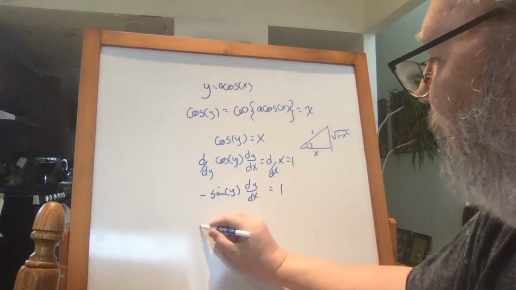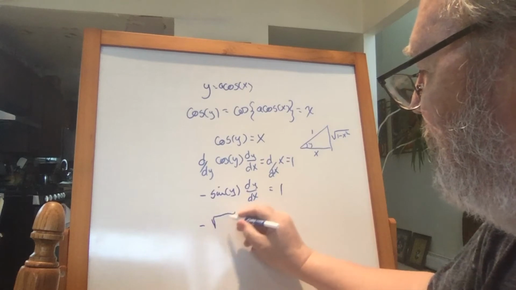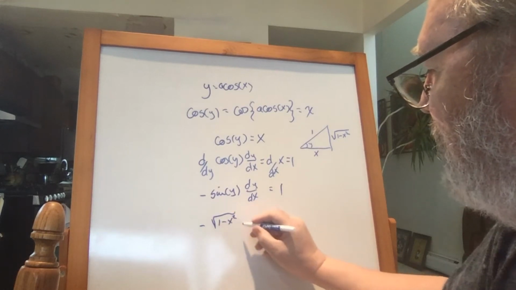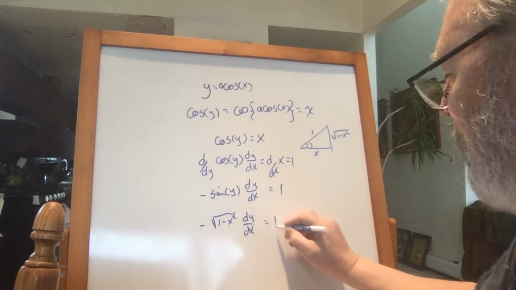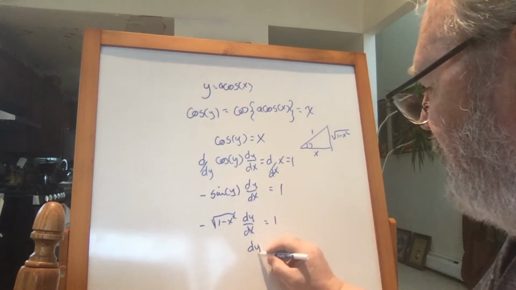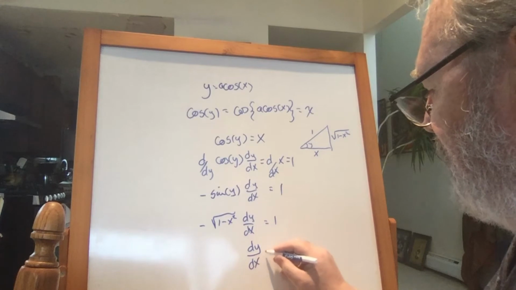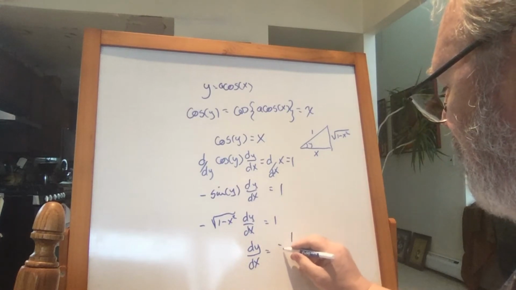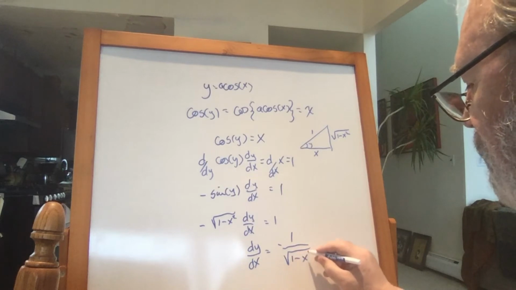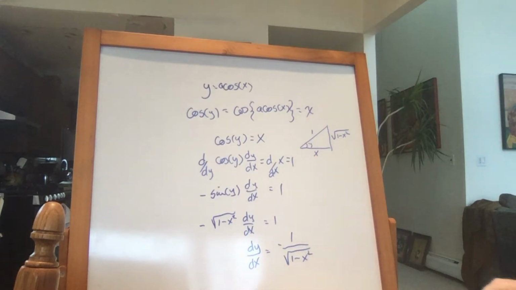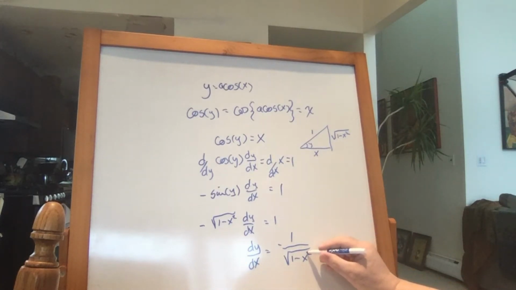So we've got minus the square root of 1 minus x squared dy dx equals 1. dy dx equals minus 1 over the square root of 1 minus x squared. And there you go. That's the derivative of the inverse cosine.